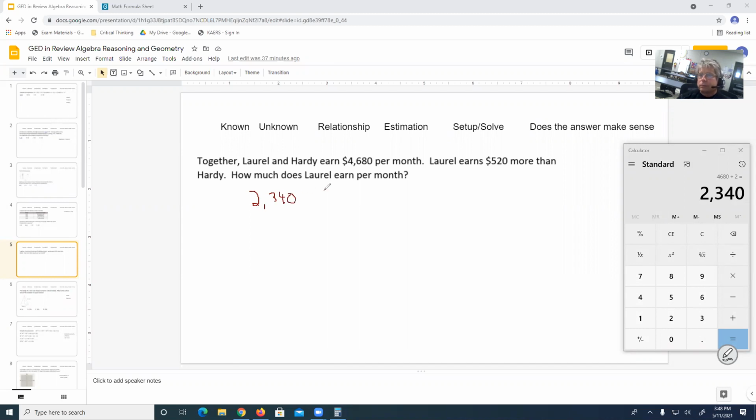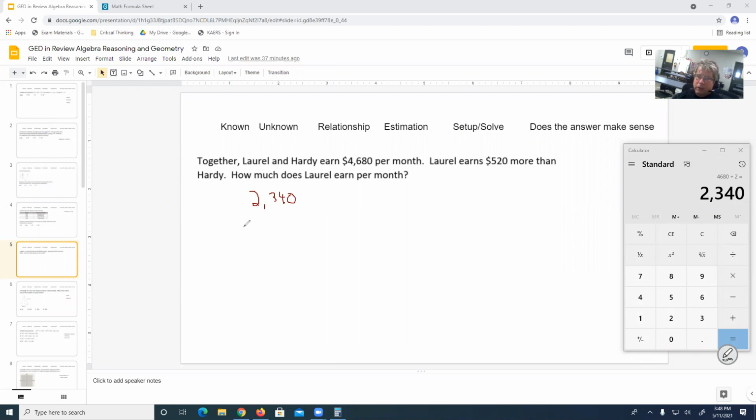And that means the answer would have to be around that area, but notice how Laurel earns $520 more than Hardy. So to me, we've got to do some more math here.